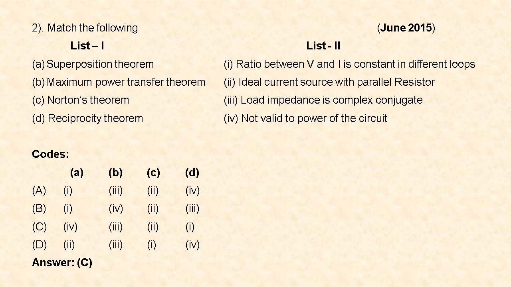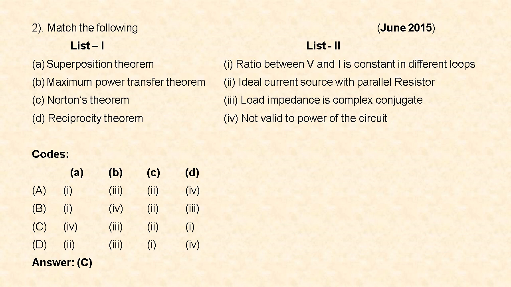Next is maximum power transfer theorem. We know that for AC circuits, maximum power is transferred from the source to the load impedance only when the load impedance is equal to the complex conjugate of the source impedance. And next one is Norton's theorem.